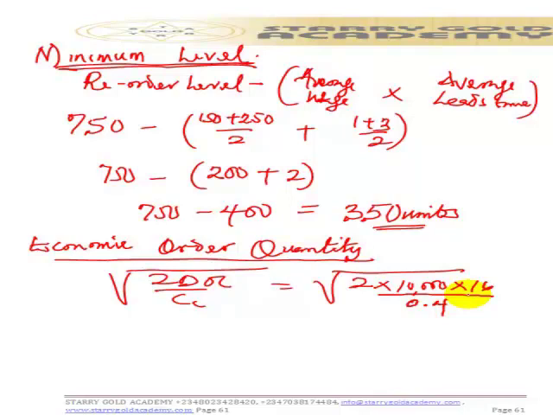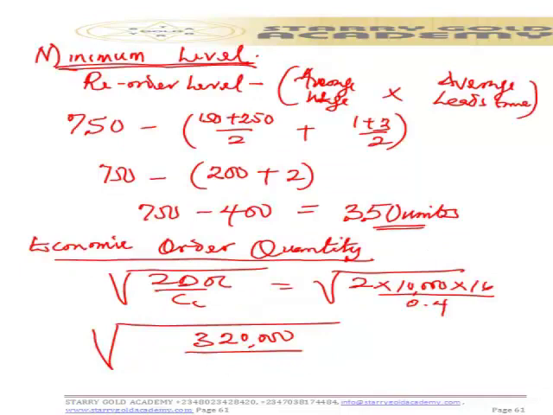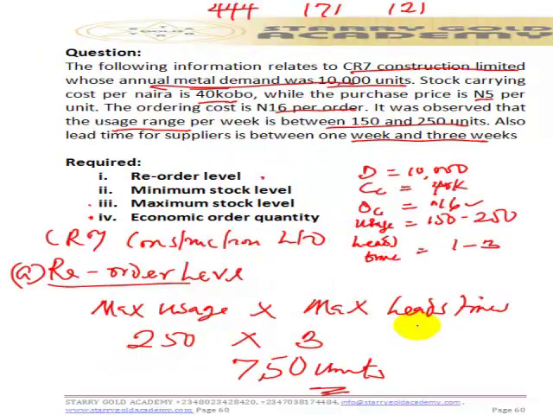So this will give us square root of 2 times 10,000 times 16, that's 320,000, divided by the carrying cost here to be 0.